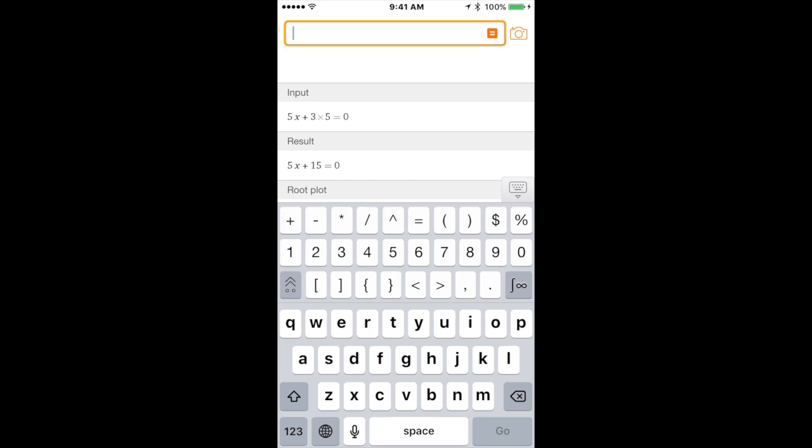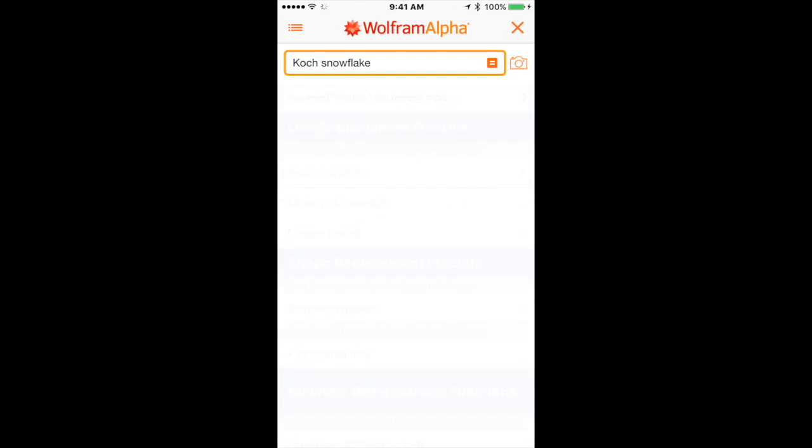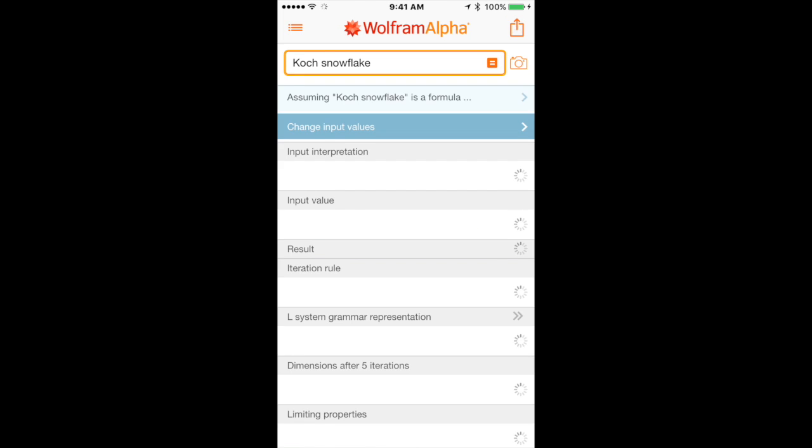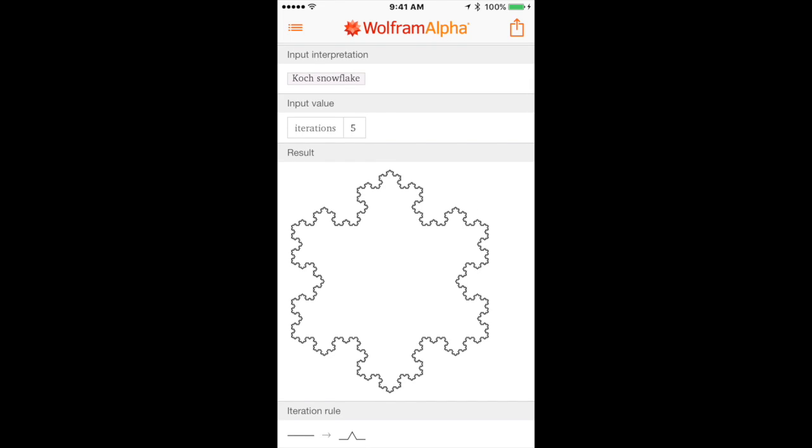I love to do a lot of fun things in it, like I love fractals, and that's something you can use with the kids to show them how beautiful math is and how pretty it can be, that it's artistic also. And they keep playing with that, changing the iterations.